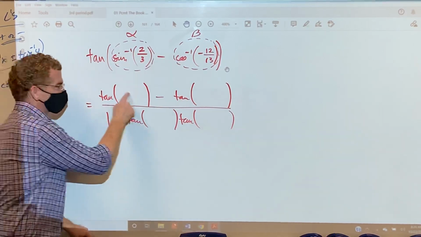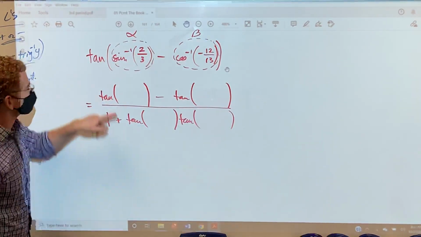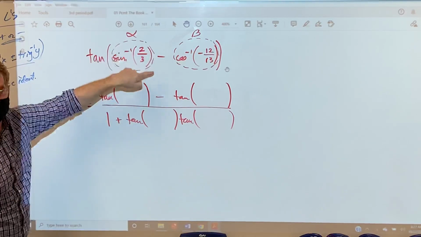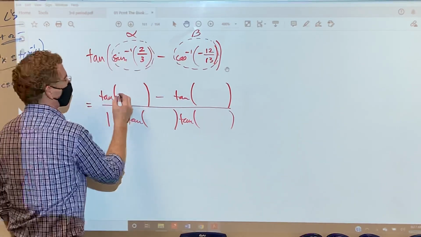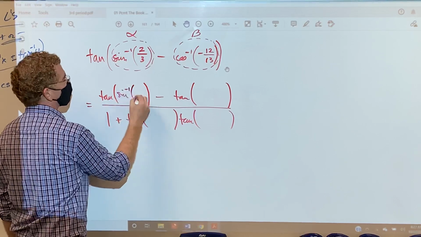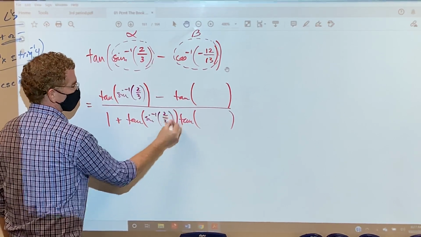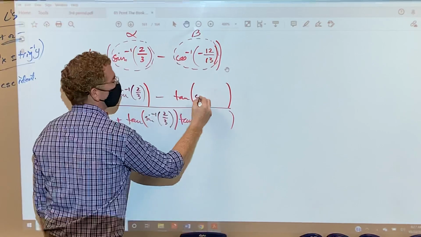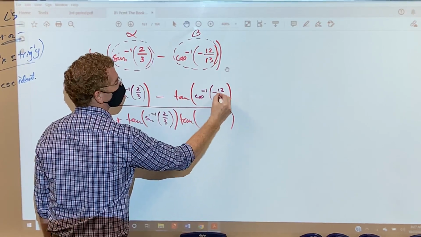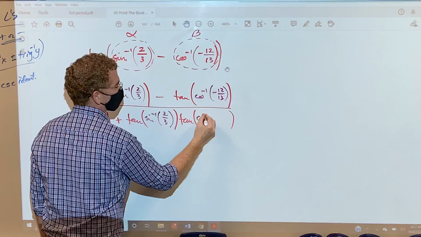Except I can't put alphas and betas in there. I can't put the letter alpha and the letter beta. What do I put? That. So I put that alpha, inverse sine of 2/3, there and there. And I put that beta, inverse cosine of negative 12/13, there and there.